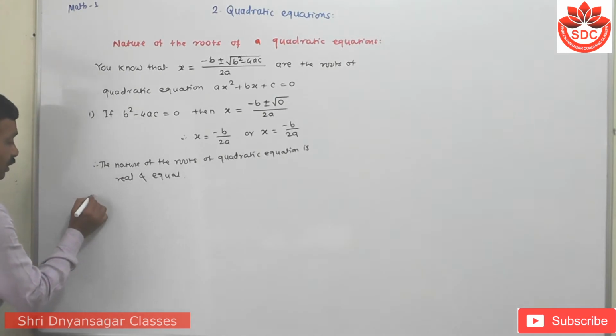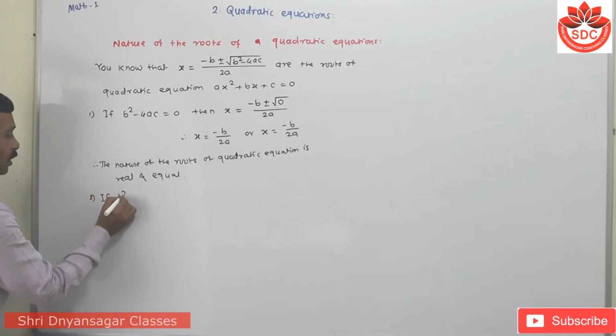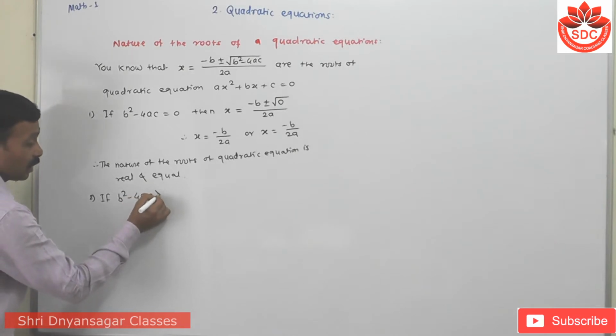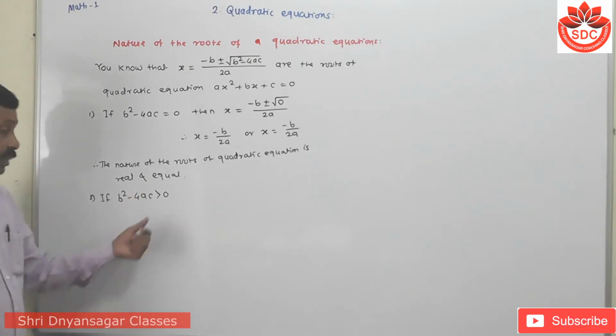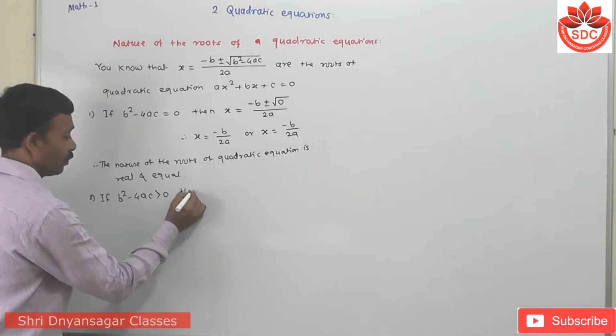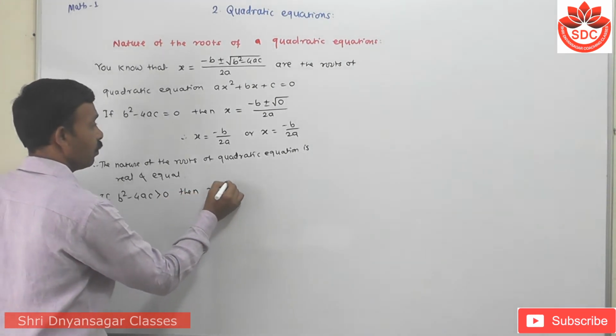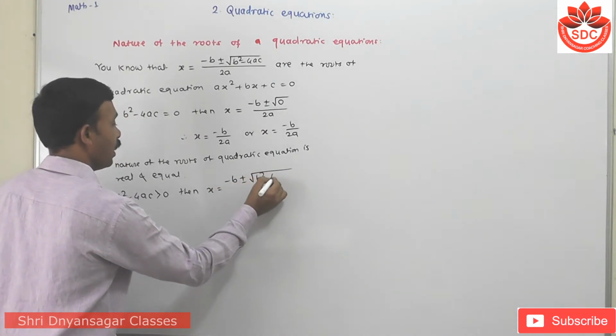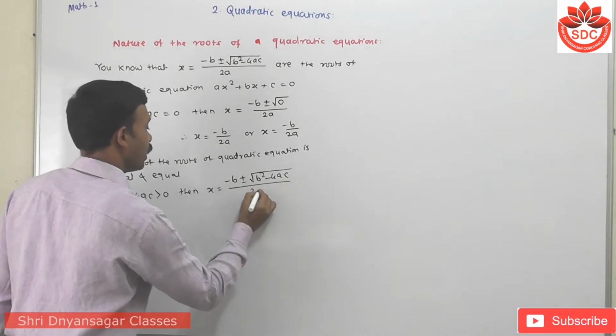Then the second case: if the value of the discriminant, b square minus 4ac, is greater than 0, meaning positive numbers, then x is equal to minus b plus minus root of b square minus 4ac upon 2a.